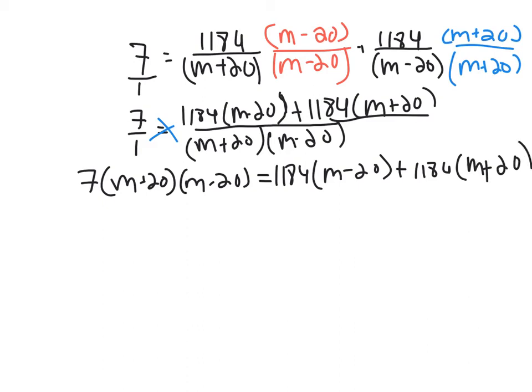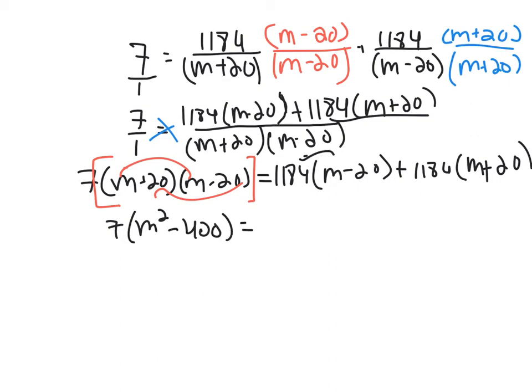So once we FOIL this out, again, it's a difference of perfect squares, so it's going to end up being 7 times m squared minus 400. On the right side, when I distribute and start to simplify things, what I'm left with is 2,368m.